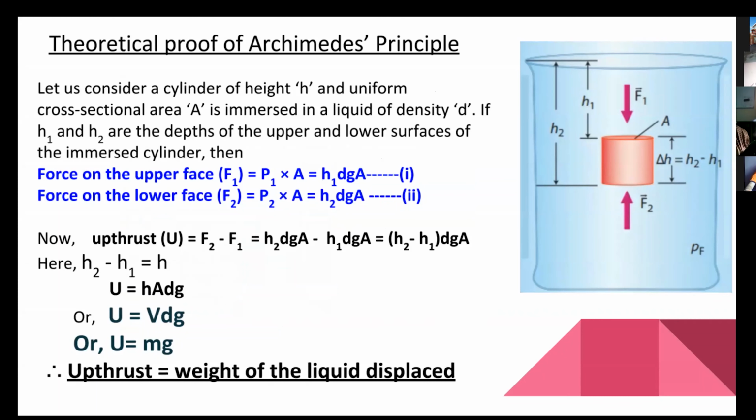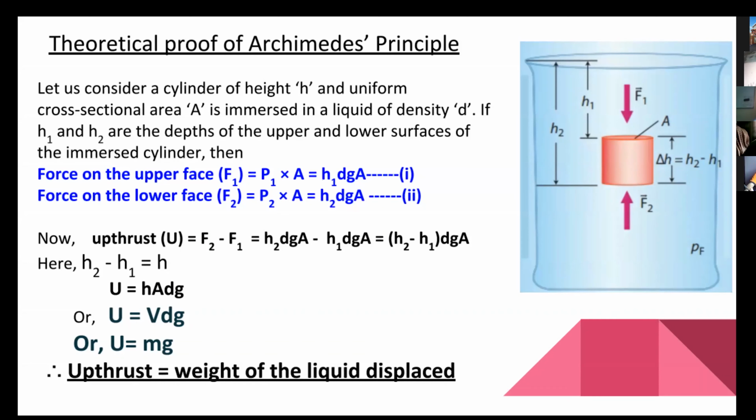We can prove mathematically whether it really works. So, the theoretical proof of Archimedes principle. Please note it down in your copy; in the exam you will be asked for 2 marks to prove this.